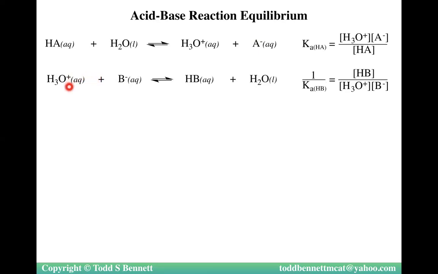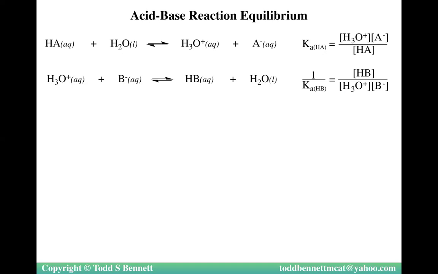So what's just happened is I flipped around this reaction. Instead of being HB plus H2O going to H3O plus and B minus, I now have the reverse reaction. So it's now 1 over Ka, because these would be products, these would be reactants, but now I switch reactants and products, so it's flipped. So HB over H3O plus times B minus.